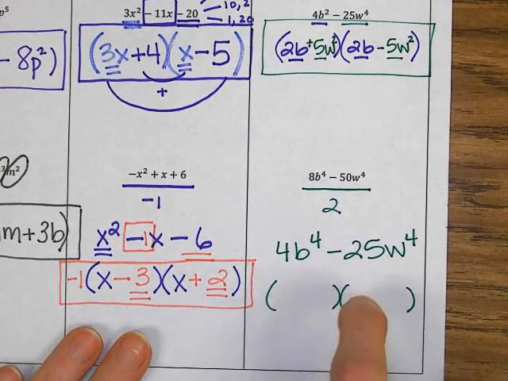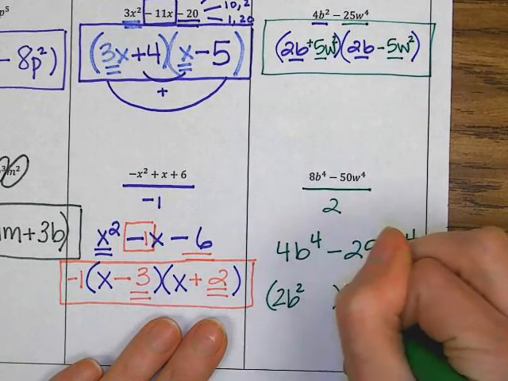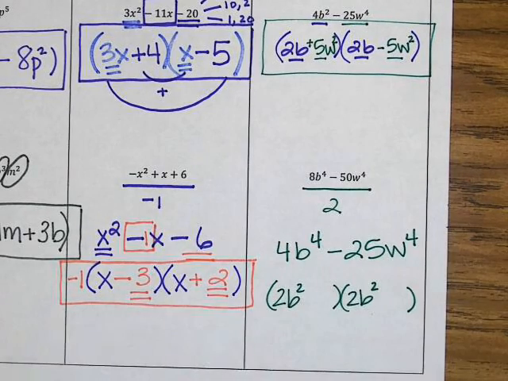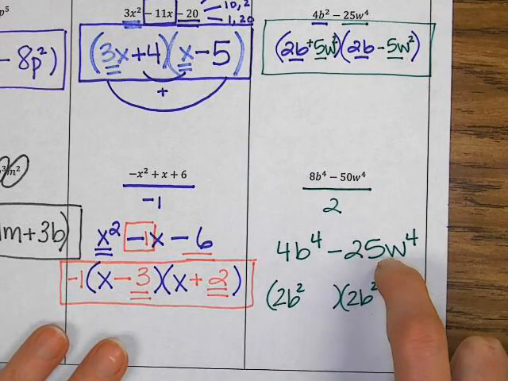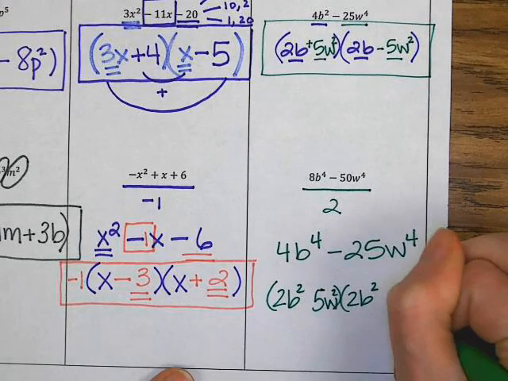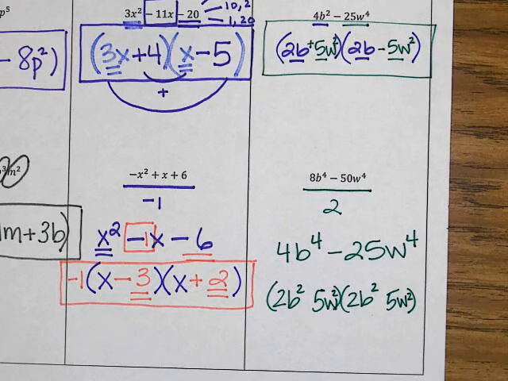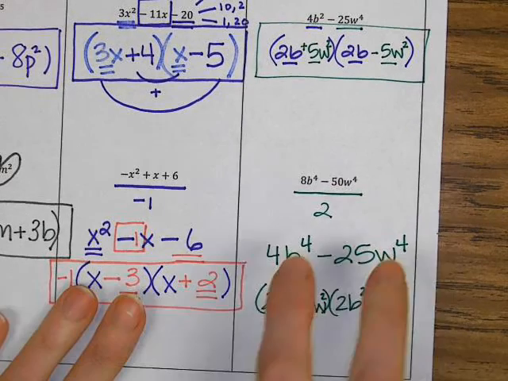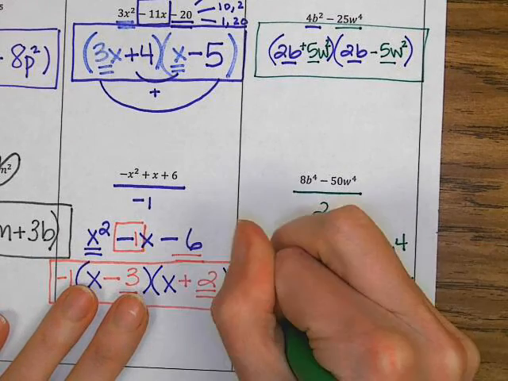What times what is 4b to the fourth? It'd be 2b squared and 2b squared. And then what times what is 25w to the fourth? Oh, we just did that one. 5w squared and 5w squared. I didn't learn my lesson to write smaller. And then the difference of two squares trick is always plus and always minus.